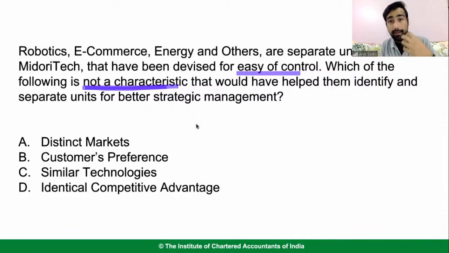What are the other characteristics that are used for creating divisions and SBUs? And out of those, which is not one of them, right? It's a negative question, in which you have to rule out. Okay. Tulsi says distinct market. Let us see if that is right or not.